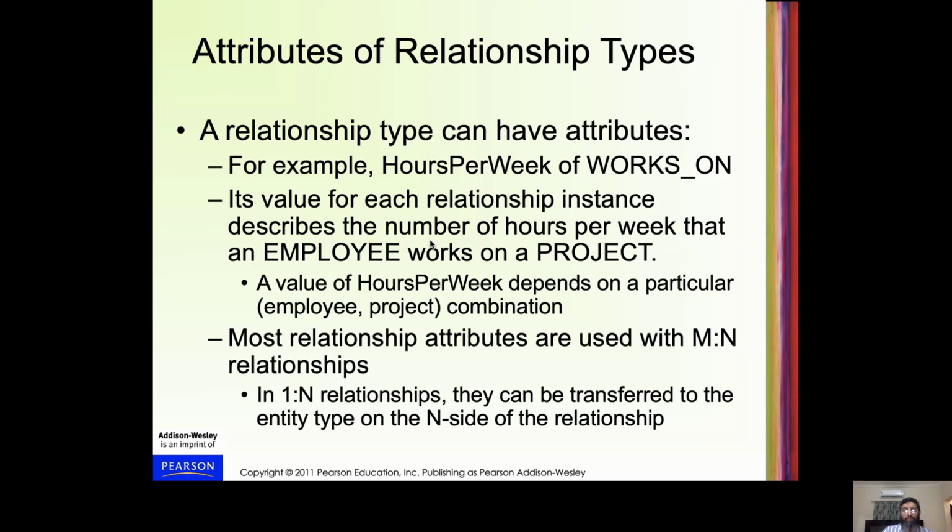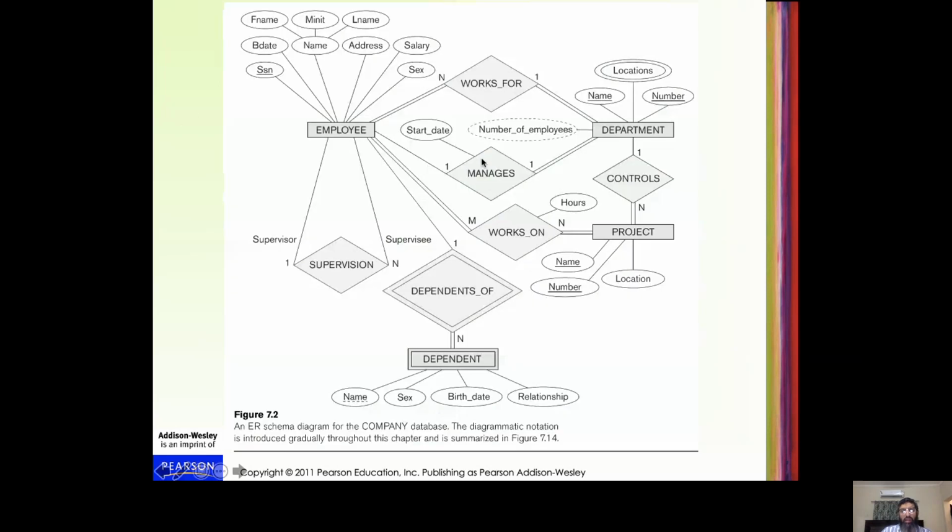Attributes of relationship type. There are a couple of cases where you see attributes associated with these relationships, like works on has this hours attribute, which means that an employee is working on a particular project for a number of hours.